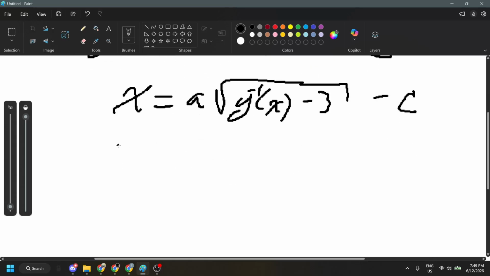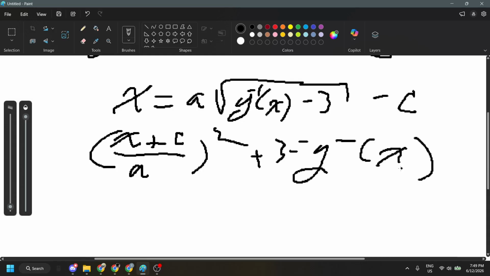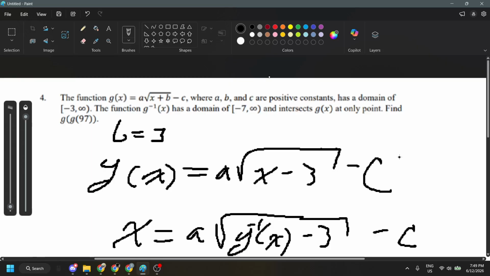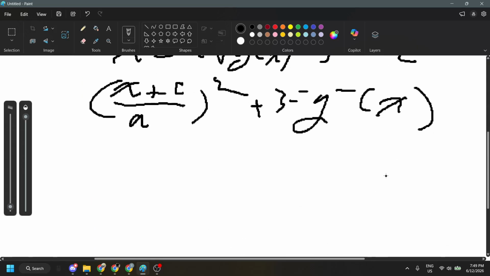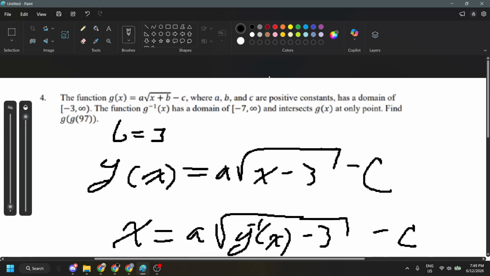So ((x + c)/a)² − 3 is equal to the inverse of g. How does this have a domain of −7 to infinity? Why can't I put like −12 in here?